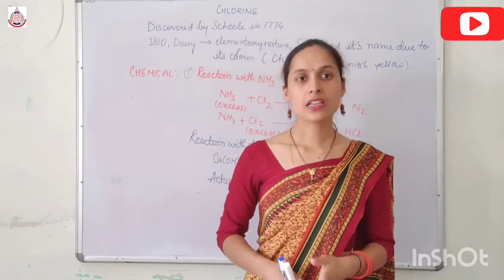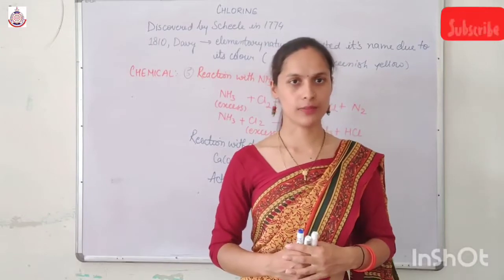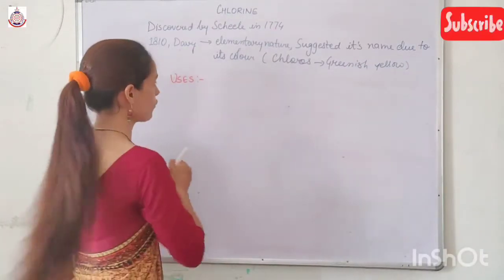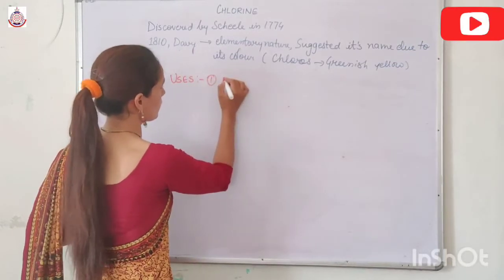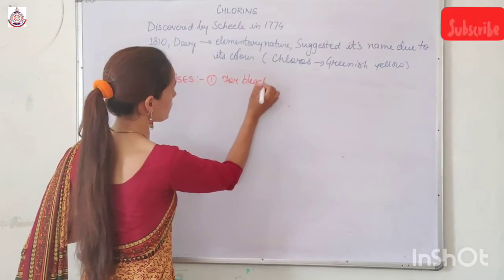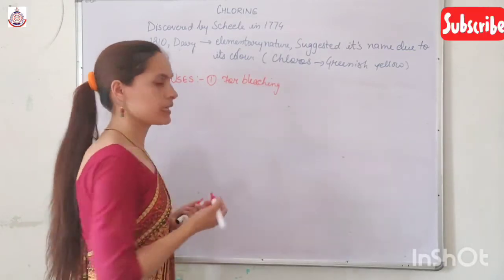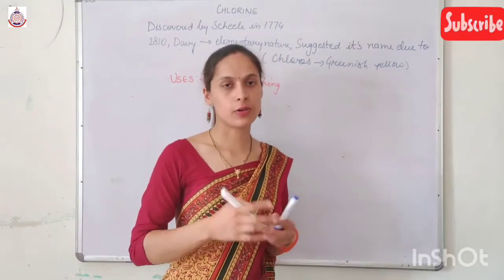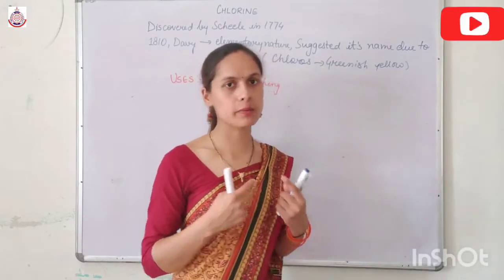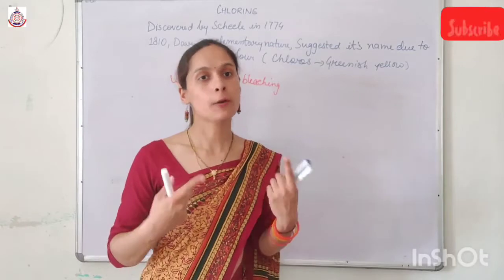Now we will study the uses of chlorine. First, it is used for bleaching, in paper industries, for bleaching of wood pulp, and we know that the bleaching action of chlorine is permanent.